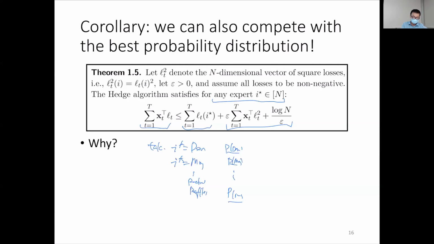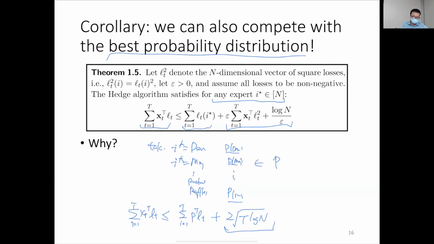Right, so let's say I have this fixed probability comparator P, and what this says is that my performance is smaller than the sum of P transpose of LT plus 2T log of N. Okay, so this is the upper bound of the regret against an arbitrary probability distribution over the experts.